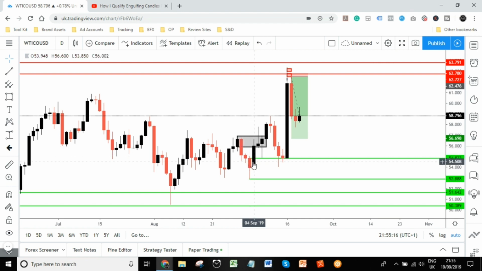So now that the market has broken an opposite zone on the daily time frame, that gives me a hell of a lot of confidence that I should, with certainty, be paying attention to what's going to happen in this area when the market decides to come back into it, right?